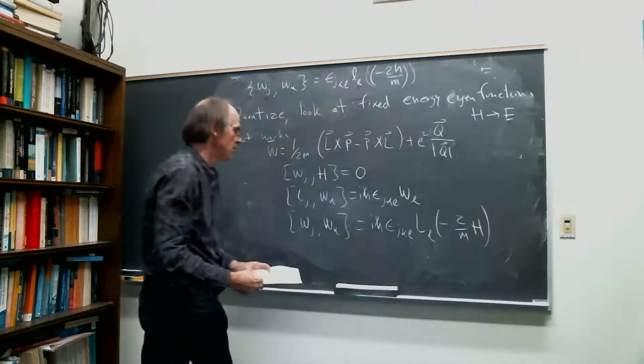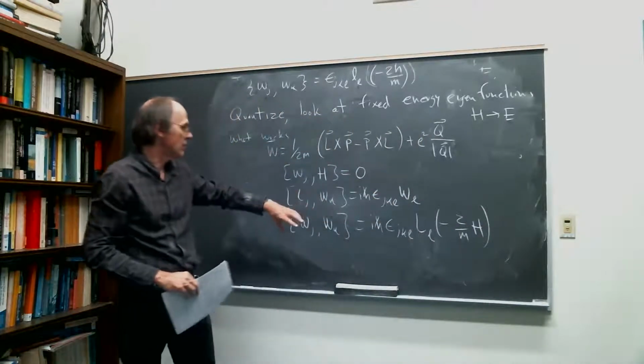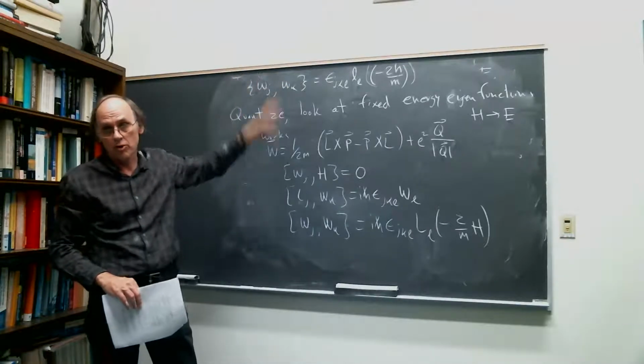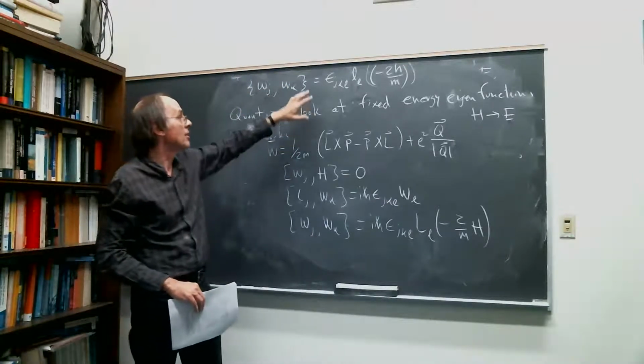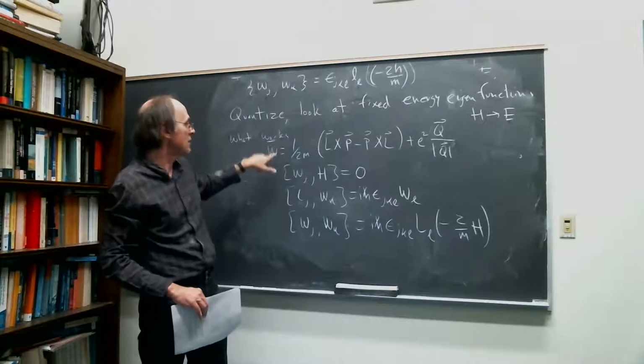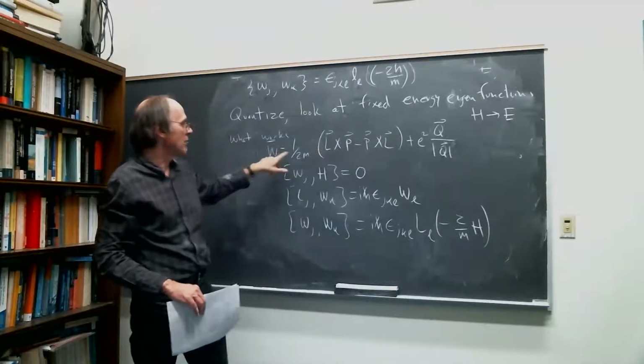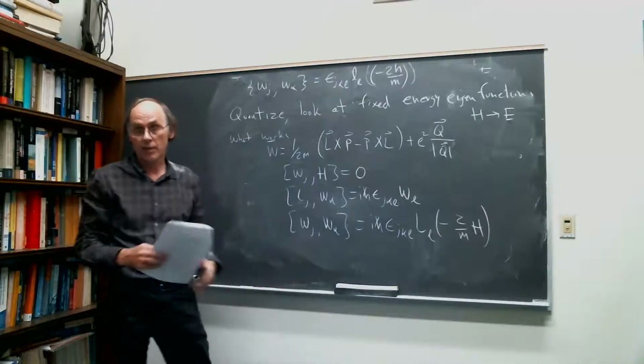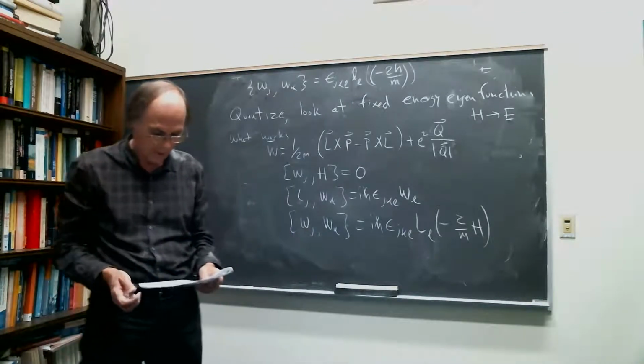So one way of saying it is that you use your Poisson brackets just as inspiration to construct this operator, which is going to have these commutation relations. Okay.